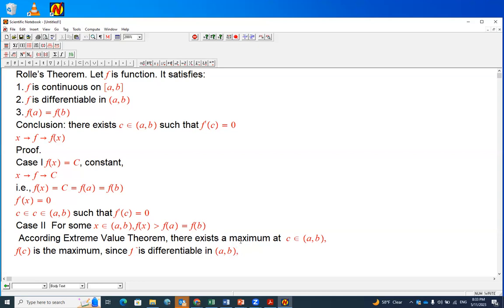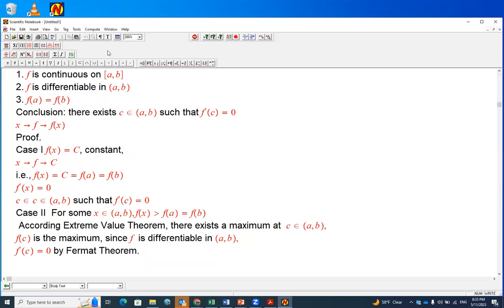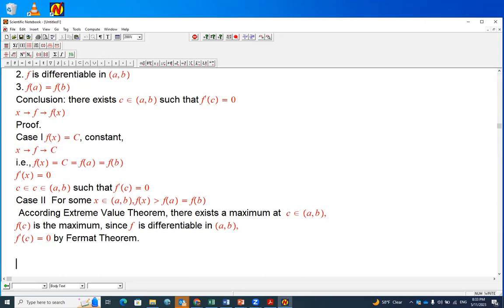By Fermat theorem, since it's differentiable at c, and the extreme value theorem guarantees we have a maximum, the derivative of the function at the maximum must be 0.